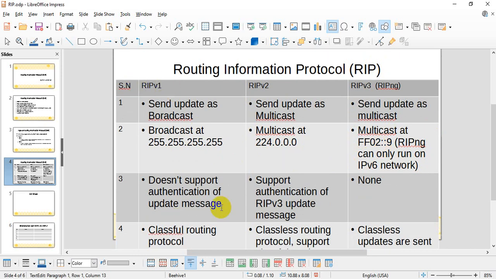In RIP version 1 it does not support authentication of update messages, and RIP version 2 supports authentication.